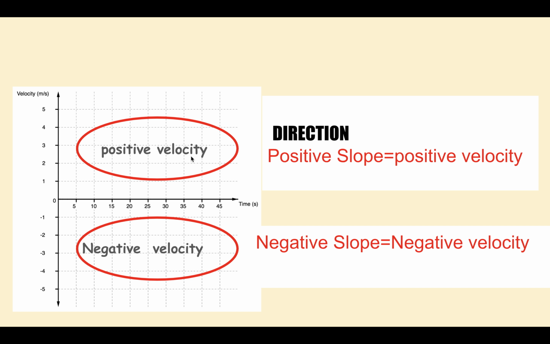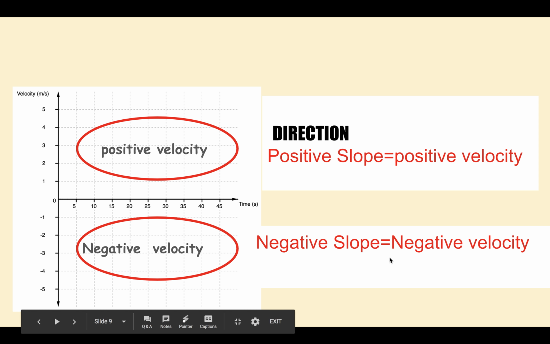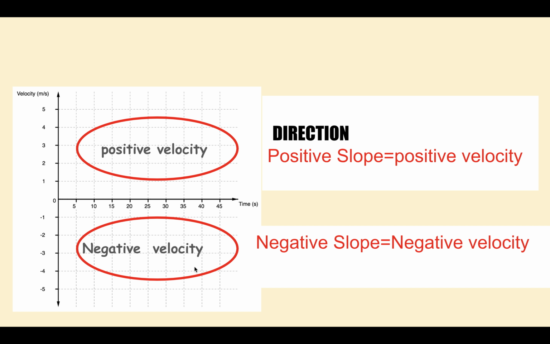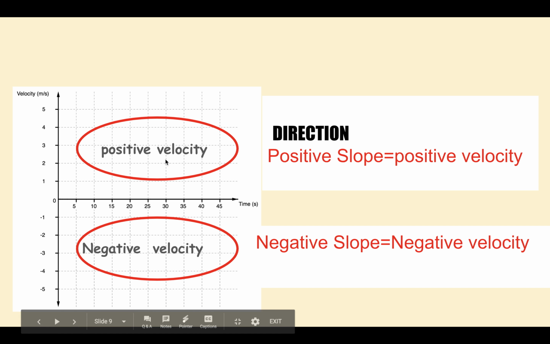I talk about the first quadrant as a math reference, and hopefully we're all familiar with it. If the position time graph has a negative slope, it means a negative velocity, which means I'm going to draw the graph in this quadrant right here, the fourth quadrant. So that first question about whether the slope is positive or negative tells us where to draw the graph, either up here or down here.